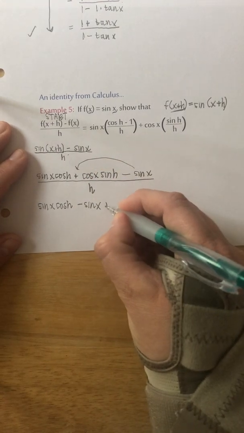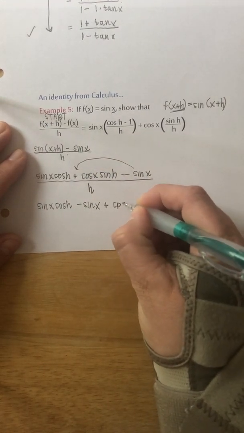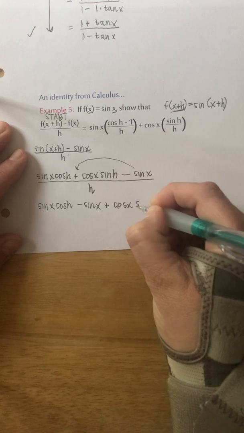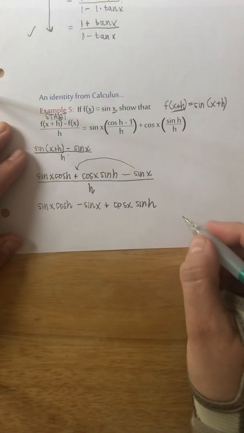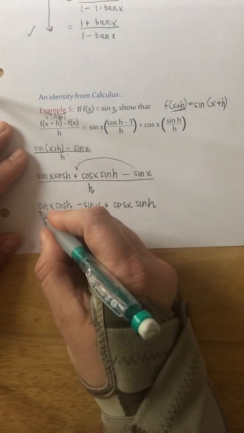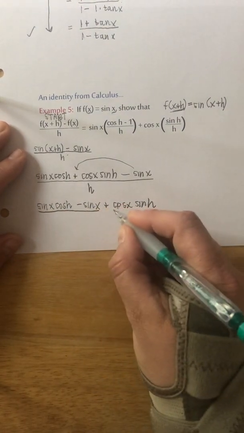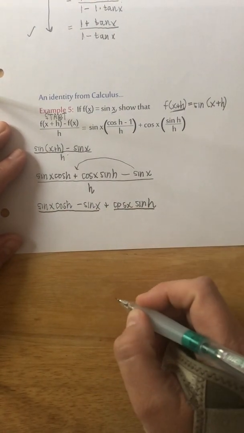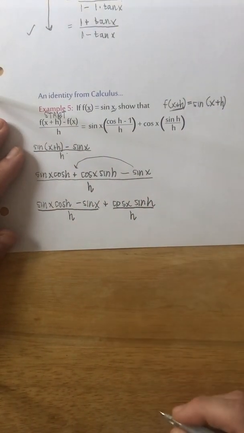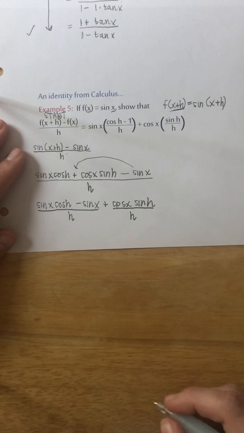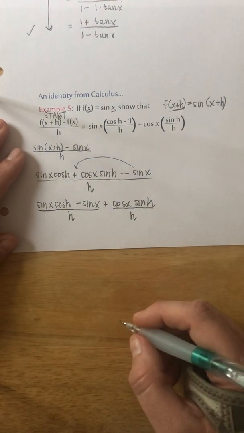I hope y'all can see that. Now here's what we know. We know that all of that is over h, but what if I broke it up into two fractions? So instead of putting all of it over h, I make two separate fractions and they're both over h. Let's see if that's going to help me out.